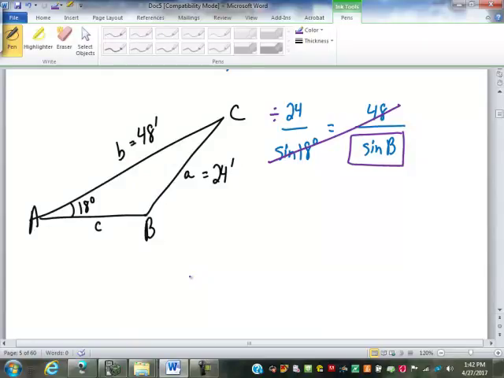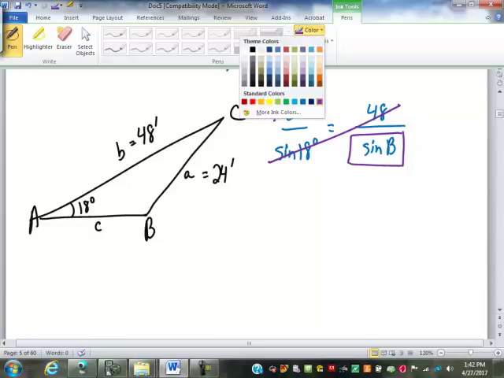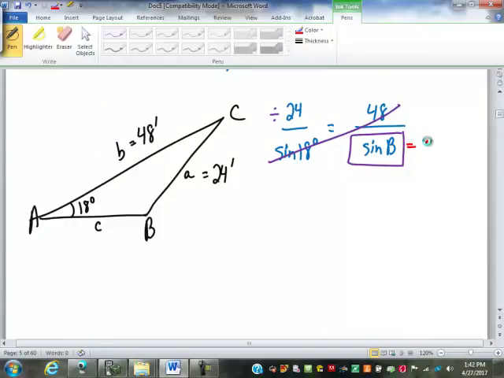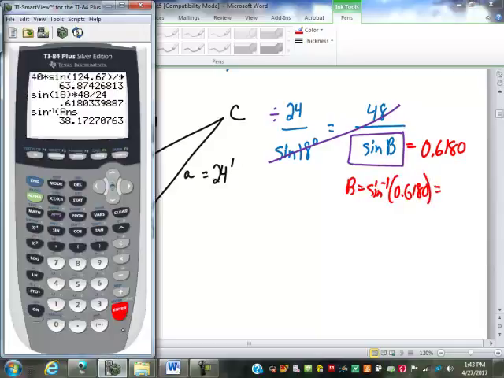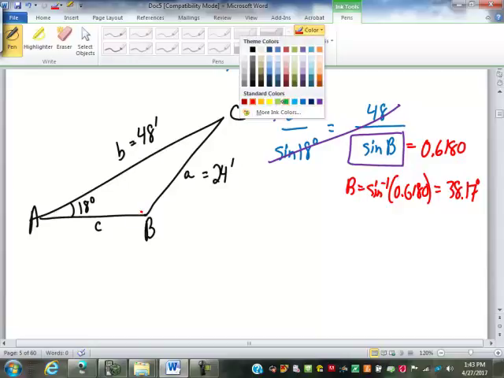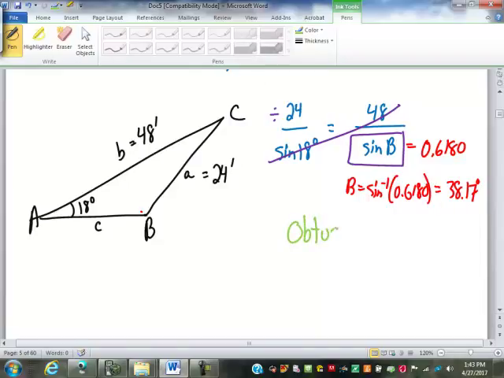How many of you guys got 38.17 degrees? No. Is that your final answer? No. So we get that the sine here is 0.6180, right? We do the inverse sine of that, which is 38.17. Look at this picture. Can that possibly be 38 degrees? No, it cannot. It is obtuse.